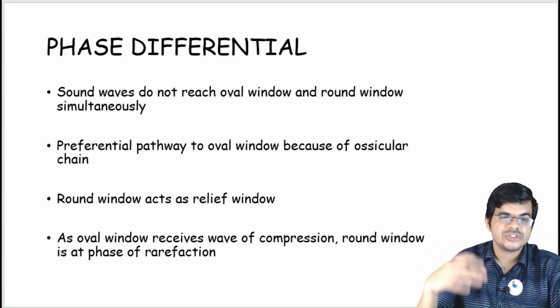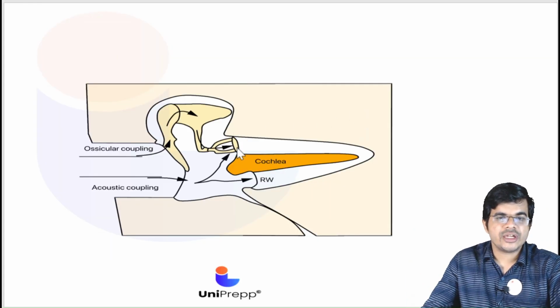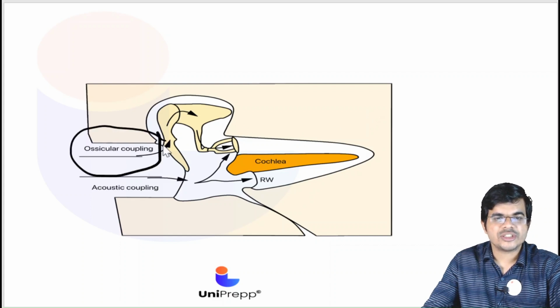So the sound wave will reach the ear ossicles first. This is known as ossicular coupling, where the sound wave goes through the handle of malleus and reaches the oval window. So this is ossicular coupling, and there is a preferential pathway through this.